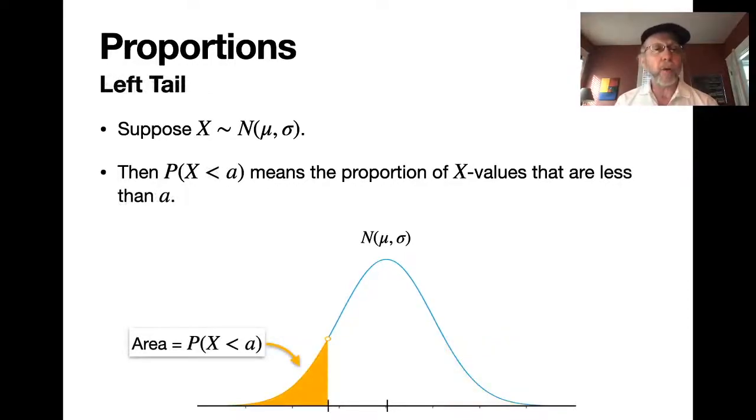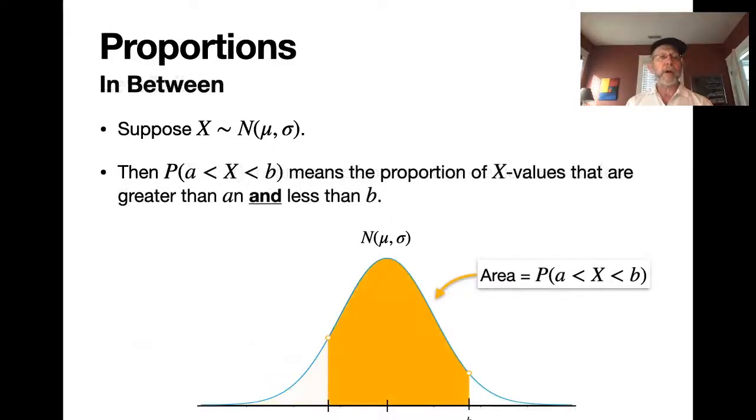A left tail would mean the proportion of all x values that are less than some fixed value a. And so you see the symbol there, P(X < a), and it stands for that proportion. So it would be represented by the area under the curve to the left of a, and that's of course a left tail.